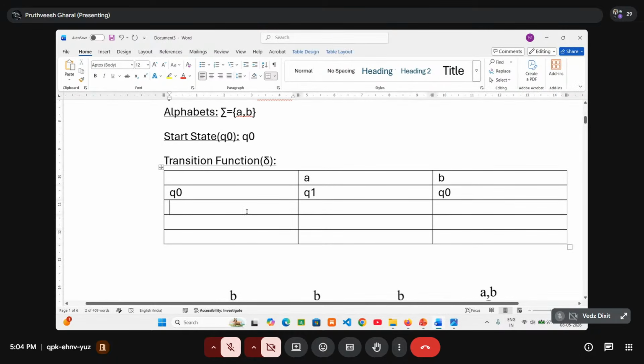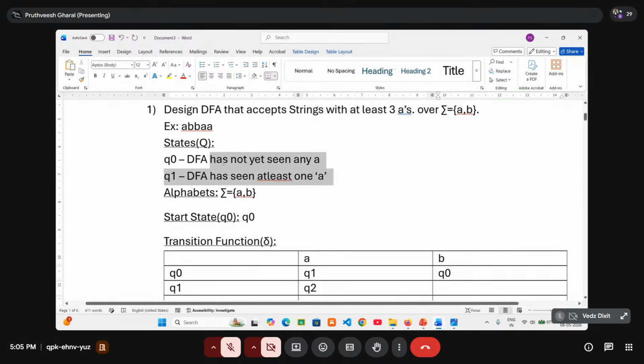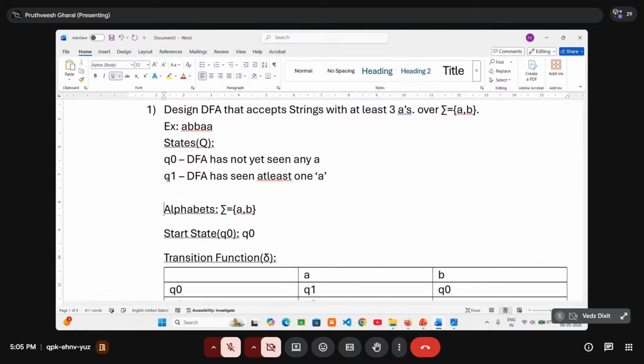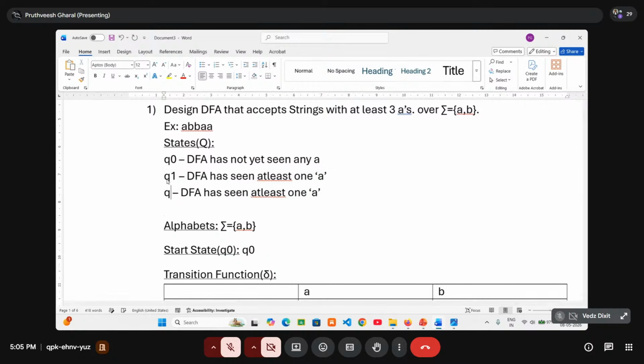And now we will similarly do this for the rest of the states. Whenever it sees an A, it will move to the next state. Why? Because the next state represents for us how many A's it has encountered. The DFA cannot count, but from the states we know how many A's the DFA has encountered.